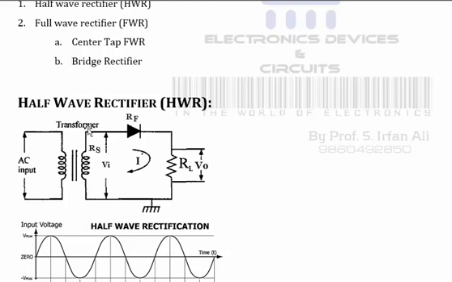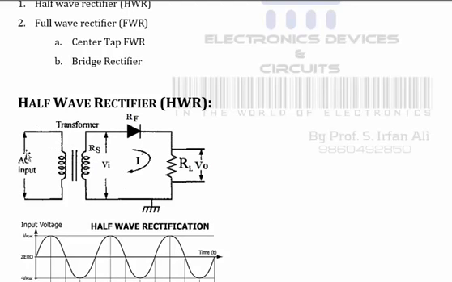The current flows from positive to negative, going from left to right through the diode. The diode will allow current to pass because current is entering from its anode side. So the current will flow like this.